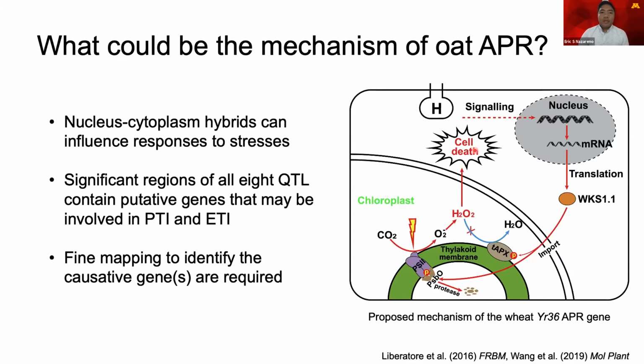So there can be favorable nucleus and cytoplasm combinations, and that will be worthwhile to explore in oat as well. And of course, we have to do fine mapping to really identify the causative gene for APR. But it is interesting to think about it.